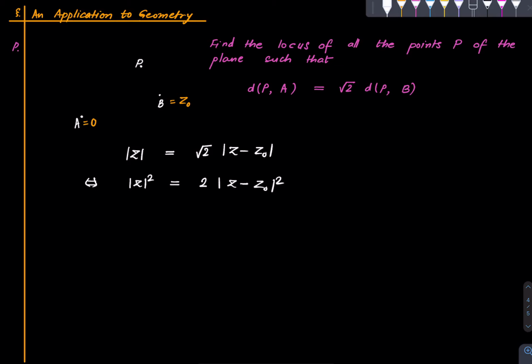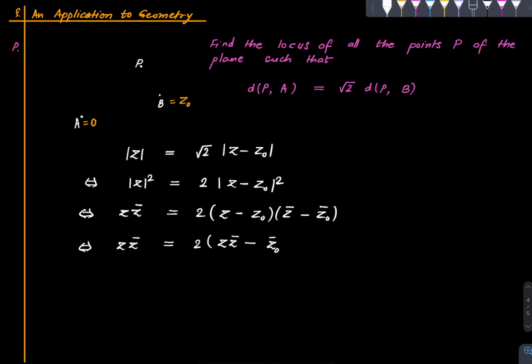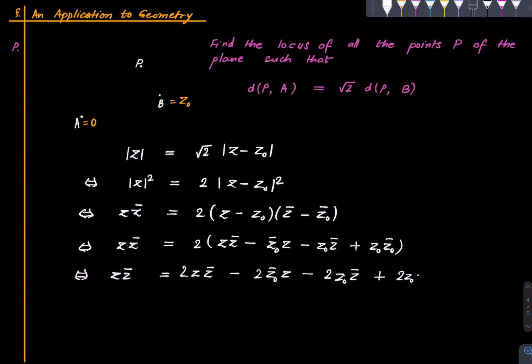So now we get z z bar = 2 (z - z0)(z bar - z0 bar), which gives us, after expanding, 0 = z z bar - 2 z0 bar z - 2 z0 z bar + 2|z0|^2.